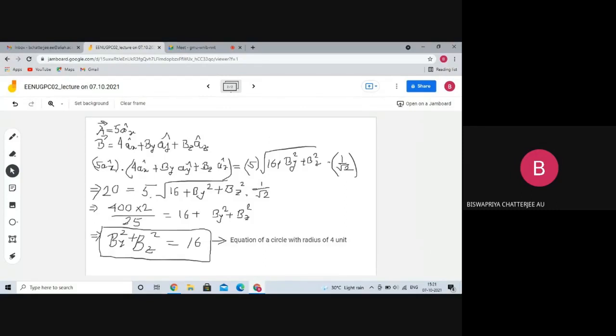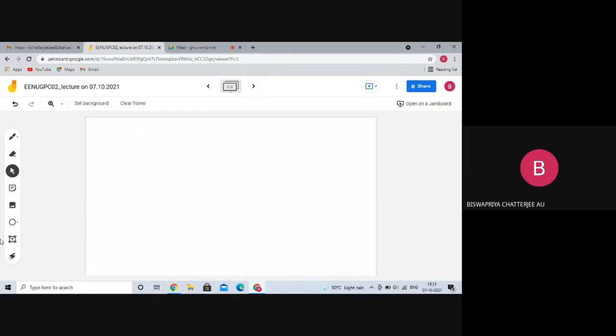As I already told you, a point may be given in the Cartesian system, cylindrical system or spherical system.